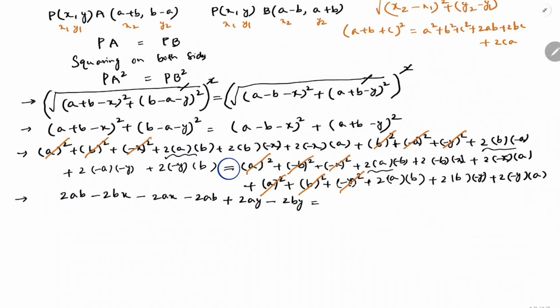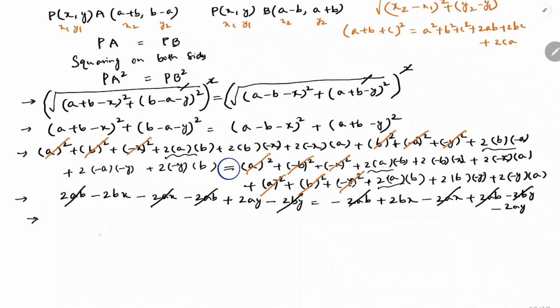On the right side, this term minus 2ab, minus into minus plus 2bx minus 2ax, and here it is 2ab minus 2by minus 2ay. See here now 2ab minus 2ab, minus 2ab plus 2ab, and minus 2ax on the left side and on the right side, and minus 2by on the left side, minus 2by on the right side.